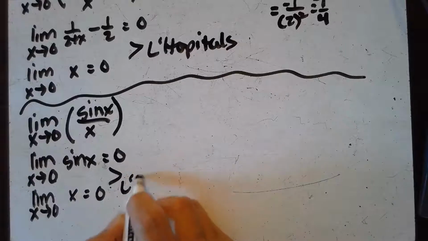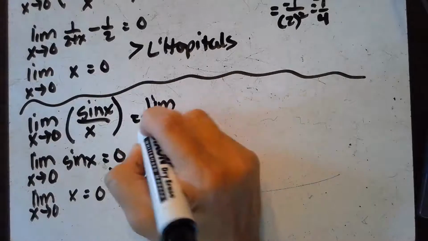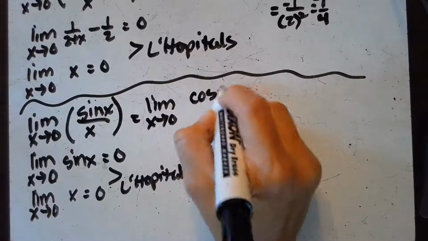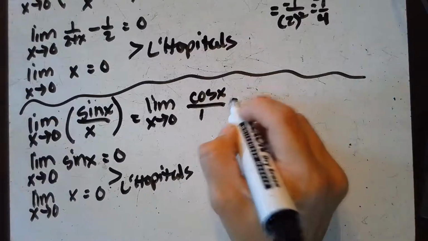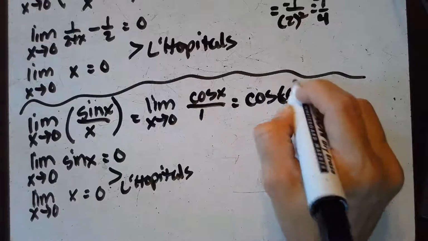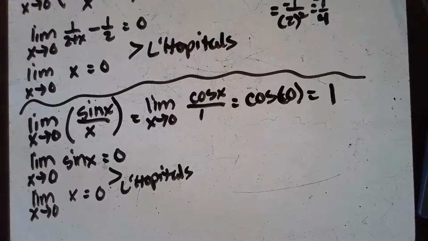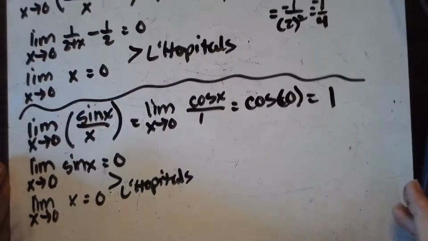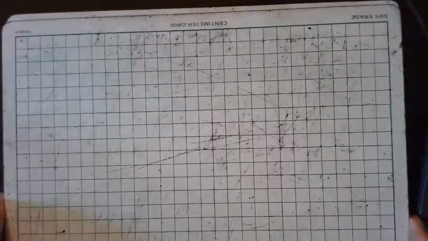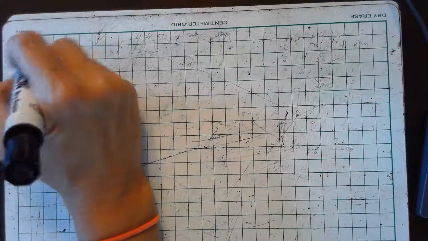So I've got to use L'Hopital's. The derivative of the top is cosine x, and take the derivative of the bottom. Now when I plug in 0, I'm just plugging in cosine of 0, I get 1. And it was 1. Okay, moving right along. As I write these, if you want to try some on your own, feel free to.